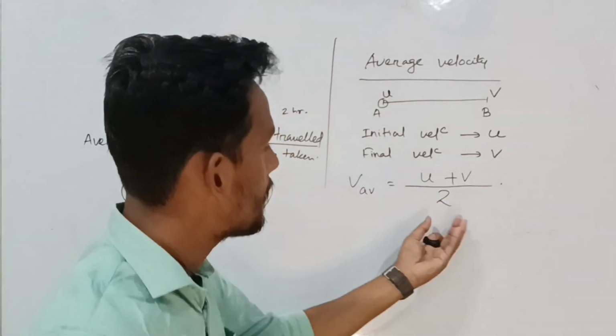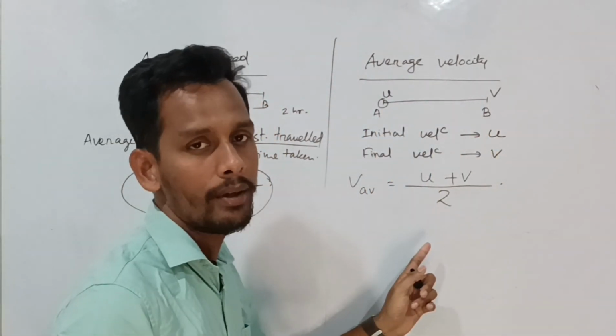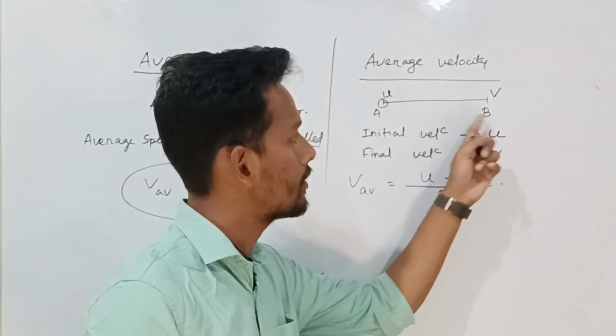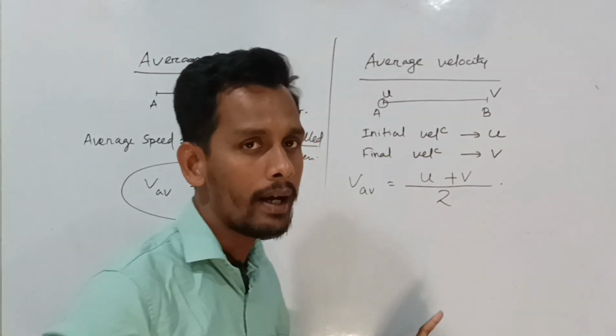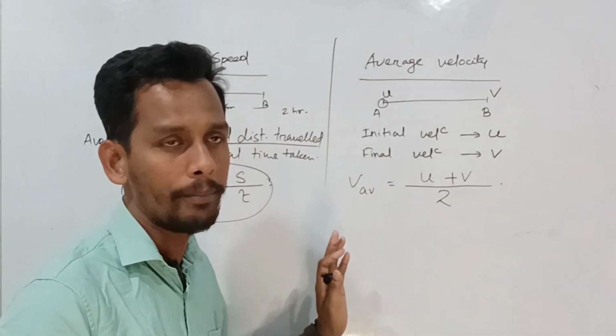It is the arithmetic mean of the initial velocity and the final velocity. Clear? So these are the topics of speed and velocity.